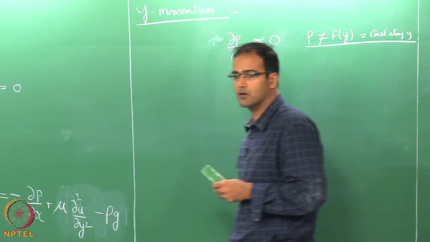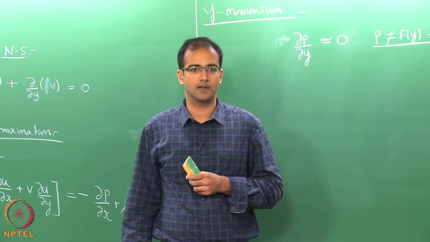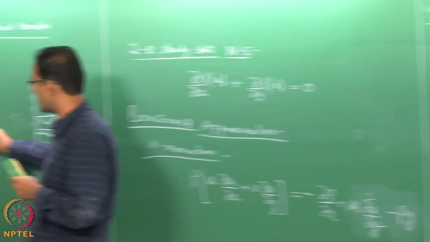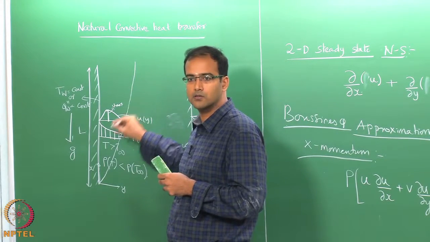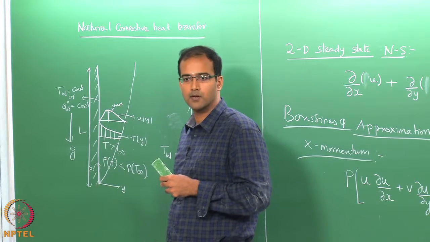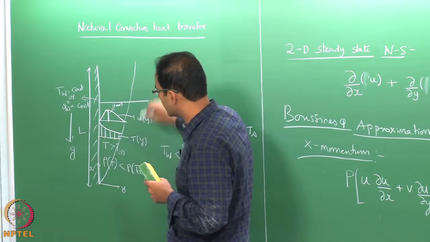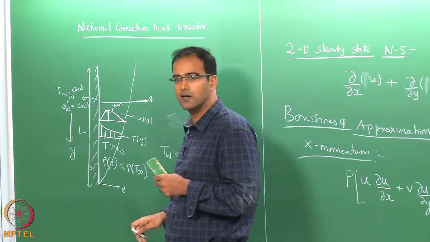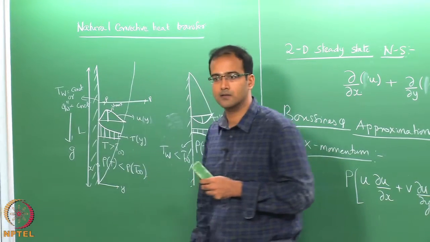So, this is the same conclusion that we also got for the external forced convection. That means the pressure that you calculate outside the boundary layer, the same variation also happens inside the boundary layer. So, if you draw a line here, the pressure at this point outside the boundary layer will be the same as the pressure within the boundary layer.